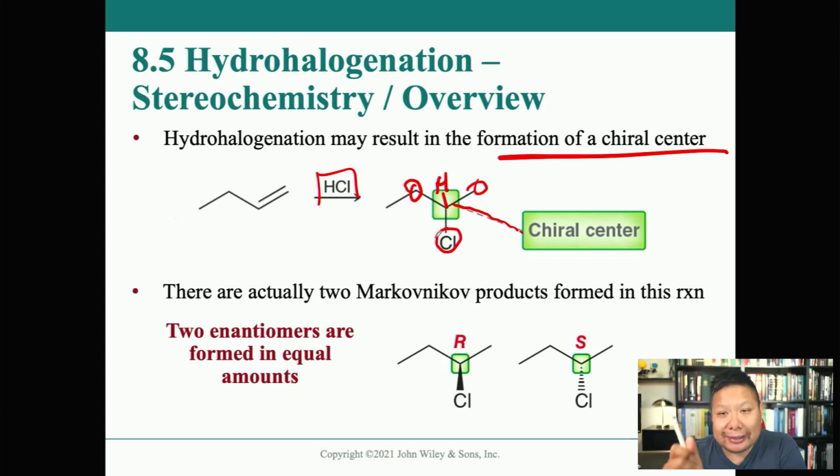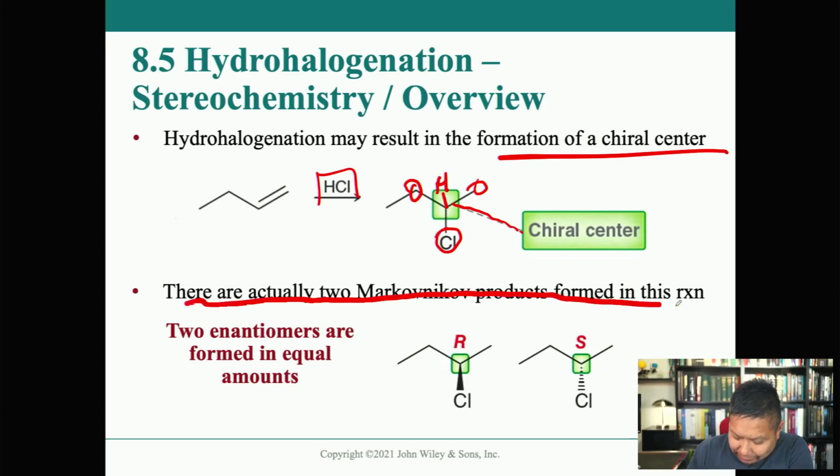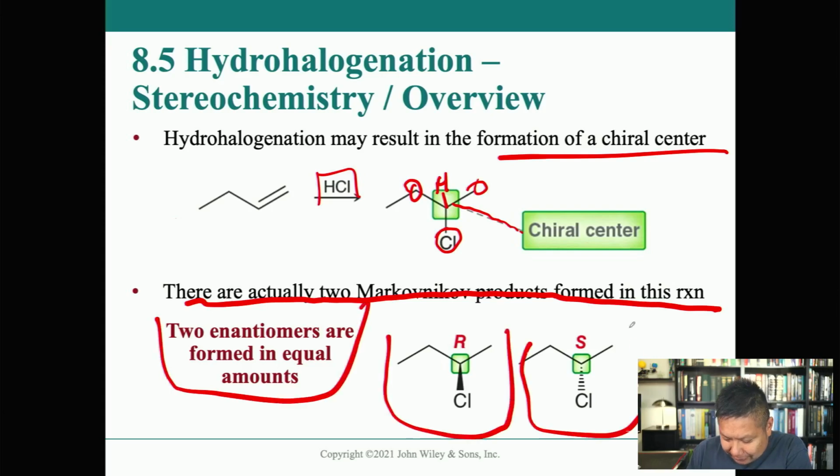But the great thing about this, in contrast to the alkyl halides, is that in a Markovnikov addition, two products are formed, but they are equal amounts of both enantiomers, R and S. So you don't have to pick the major product here. There's no major product in this type of reaction because both enantiomers are produced in equal amounts.